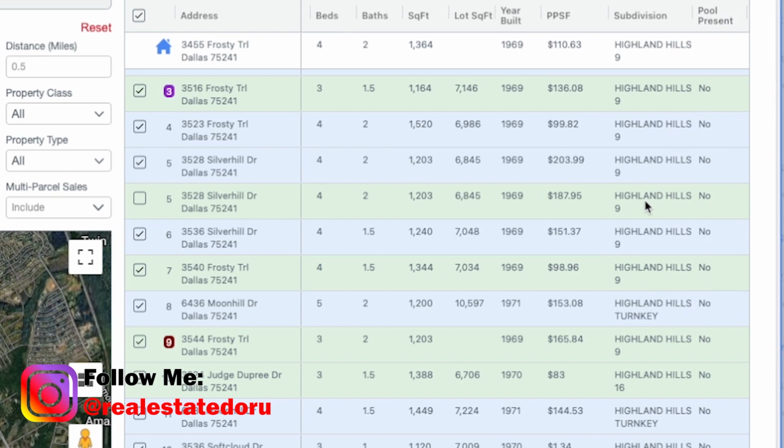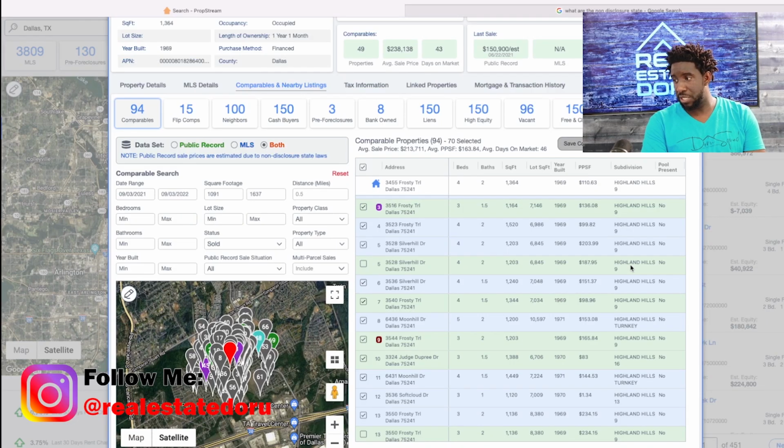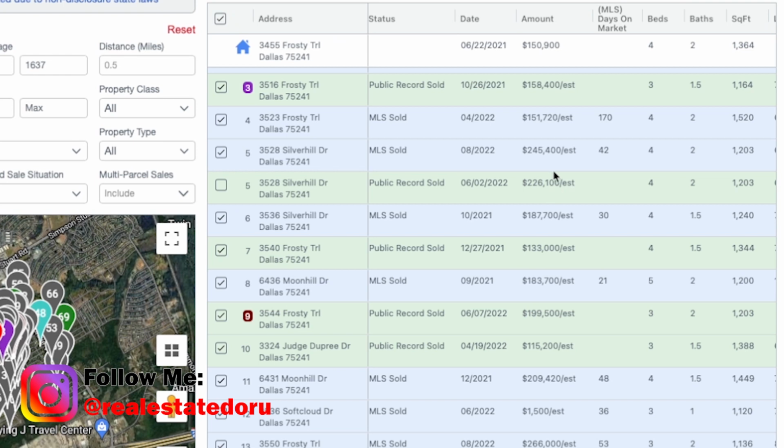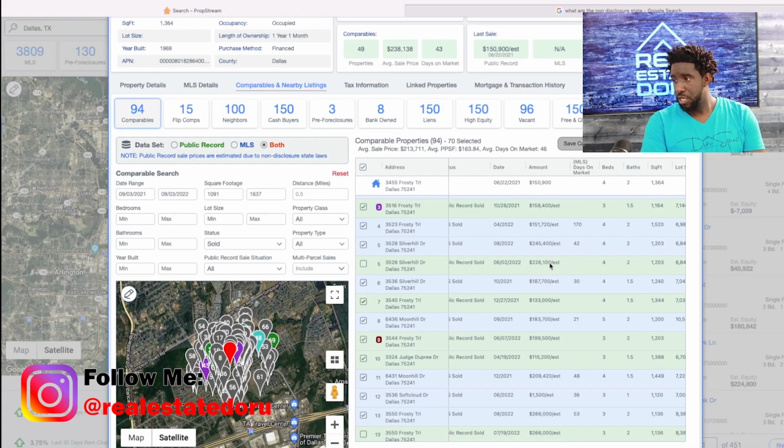Same subdivision, guys. When it's the same exact subdivision, it makes it a lot easier. I don't like to go outside a subdivision to comp something. This one got 226. This one got 245. Of course, the public record is going to be accurate because that's just what's recorded at the county, at your downtown office.